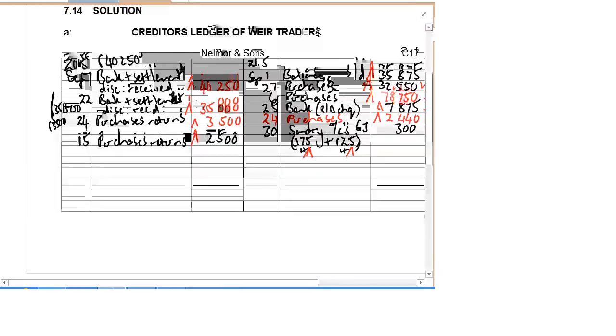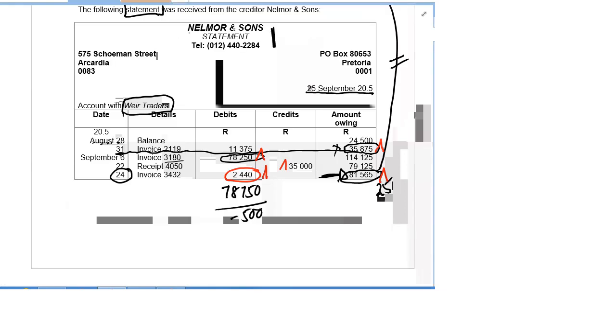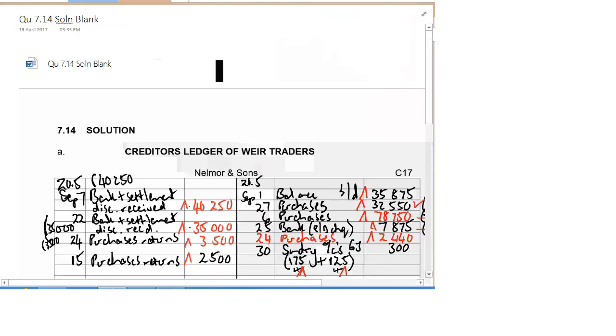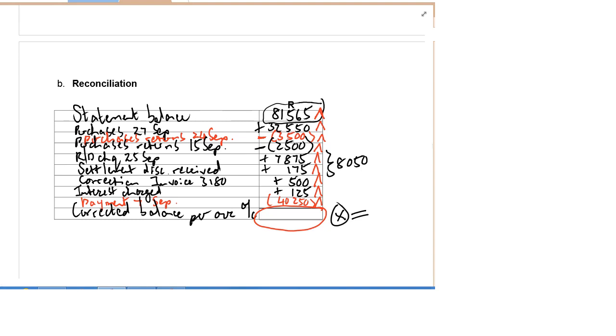You will now notice that I've got a red tick next to everything in my creditors ledger account. I've also got a red tick next to everything in the statement for the month of September, and I've got a red tick next to everything in the reconciliation that I did from the balance per the supplier statement to my final balance that I'm going to calculate here.